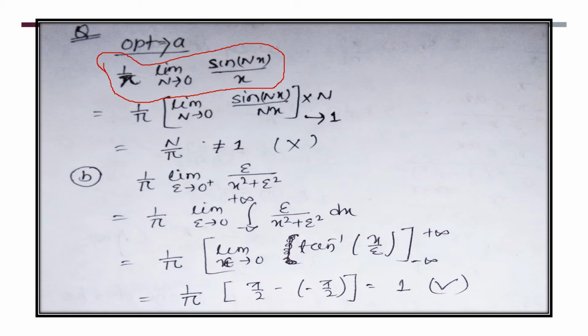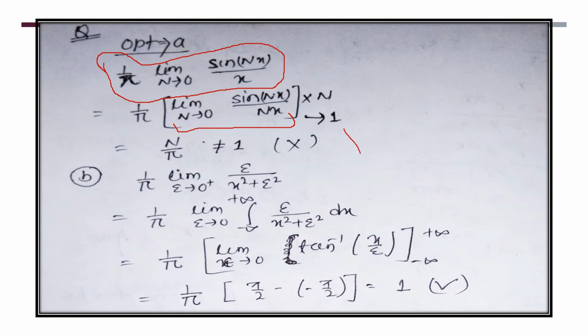Let us multiply by n and divide by n, and that represents one of the properties we know from class 12th: limit n tends to 0 sin nx by nx will be 1. So this will be n by pi, and that is not equal to 1. So this option is discarded.